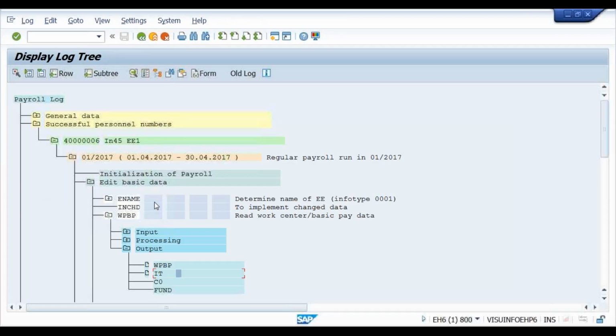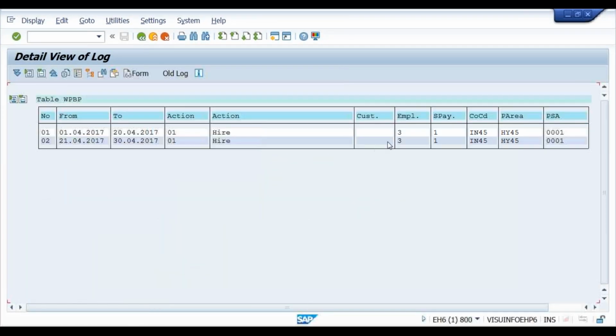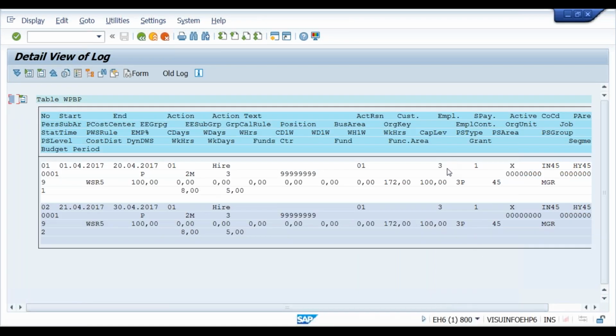You see the WPBP table. Here we have employee group P and employee subgroup 2M, and you see the calculation rule, the grouping for the calculation rule.